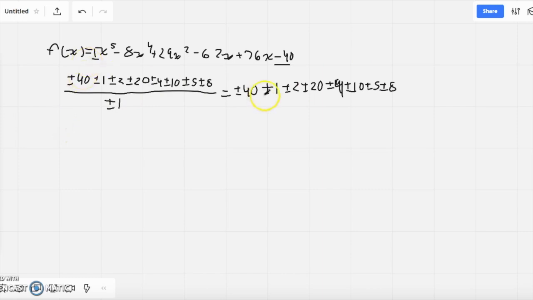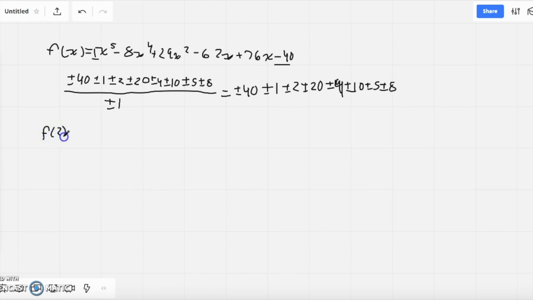Now we'll go through and plug these factors into this equation to see which of them comes out to 0. When we do so, we're going to see that plus 1 doesn't come out to 0. It'll have a remainder, same with negative 1. But when we plug in 2, we'll see that it comes out to 0.